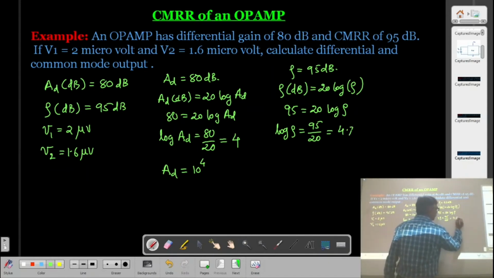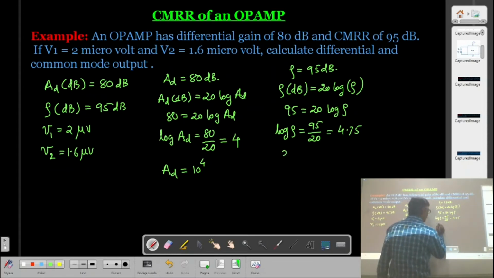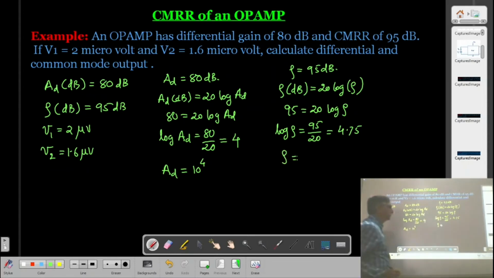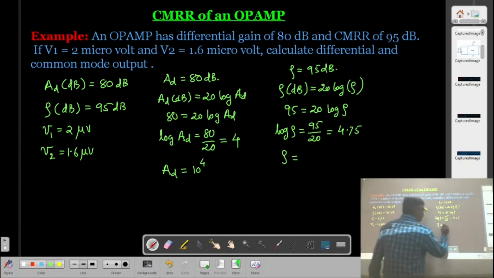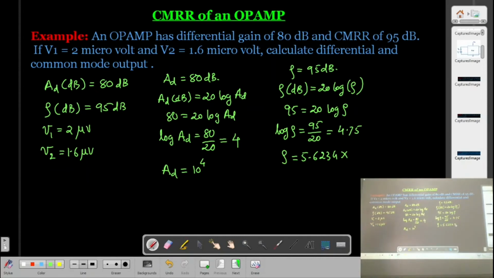Therefore, the value of rho, if you take the anti-log, will come out to be 5.6234 × 10⁴.